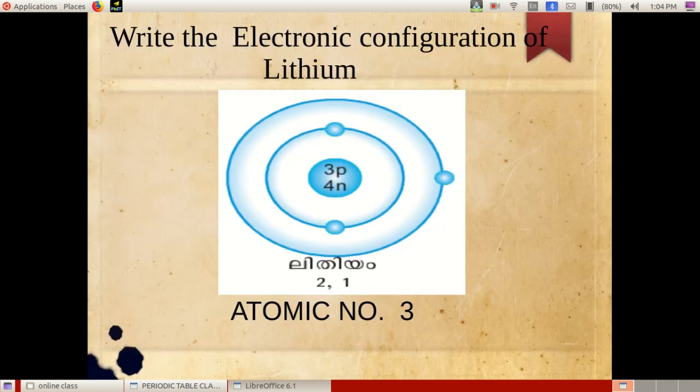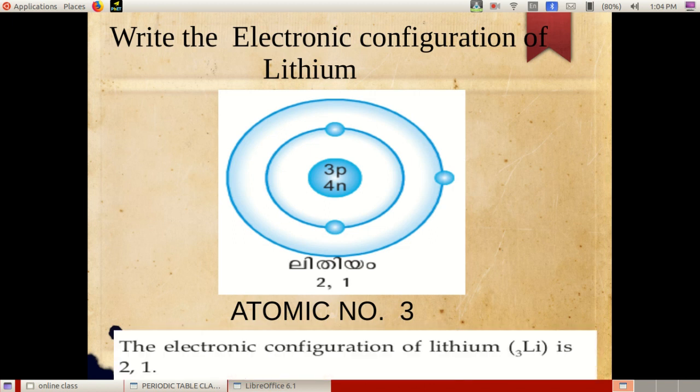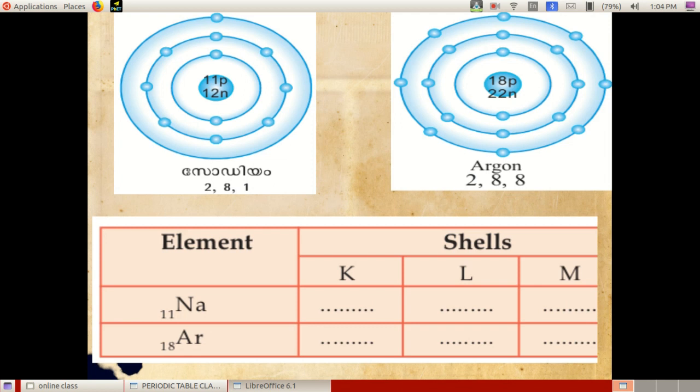Example, electronic configuration of lithium is 2,1 because its atomic number is 3. Like this, we can write the electronic configuration of sodium and argon in the table. Sodium atomic number 11, in K shell 2, L shell 8 and M shell 1.